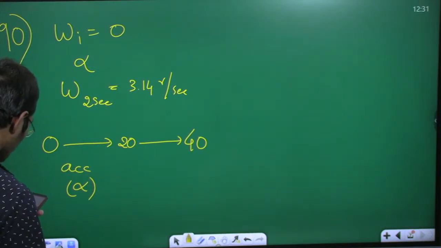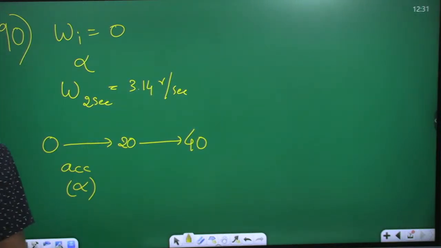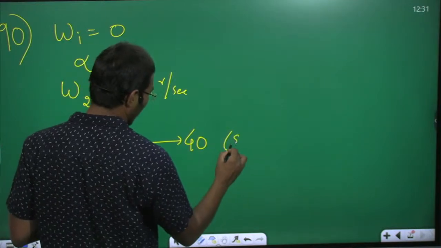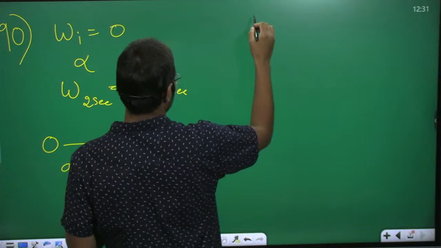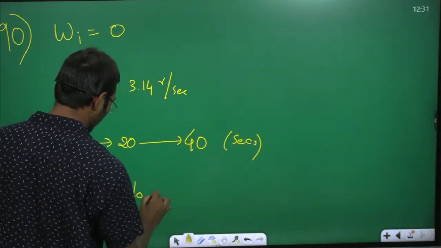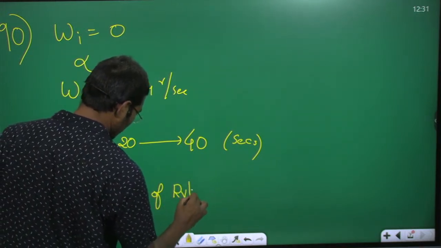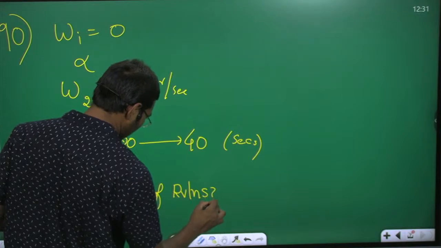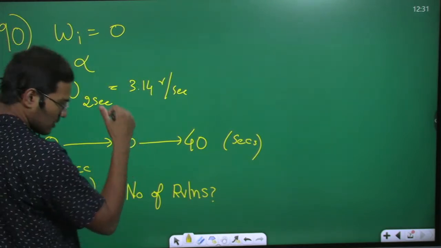The number of revolutions the wheel makes from t equal to 0 to t equal to 40 seconds. So number of revolutions the wheel makes from 0 to 40 seconds.